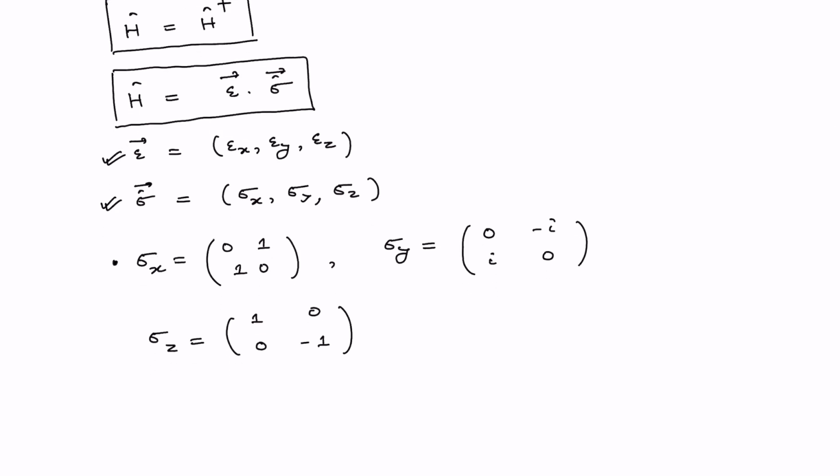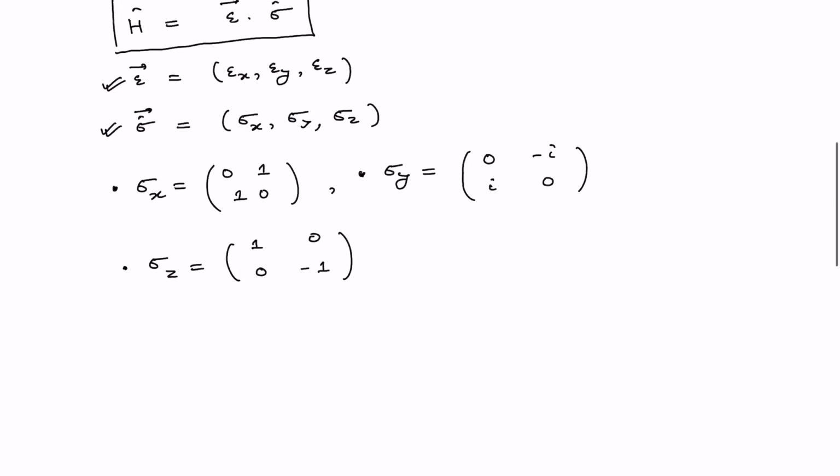Sigma x is 0 1 1 0, sigma y is 0 minus i i 0, and sigma z is equal to 1 0 0 minus 1. So this is the material that we mainly discussed in the last lecture.